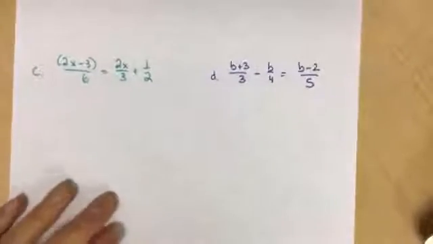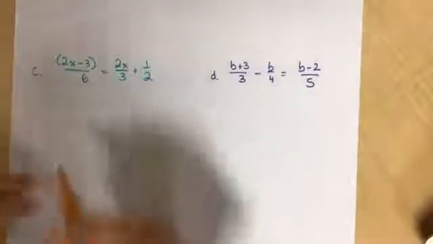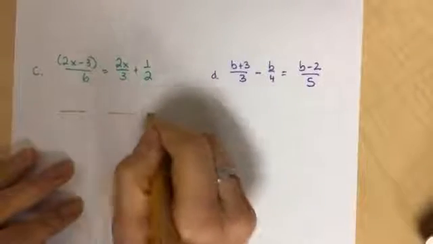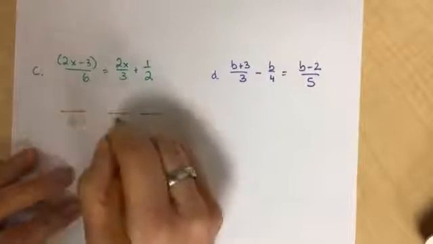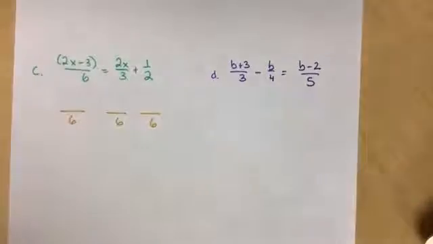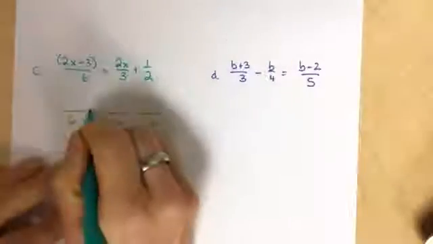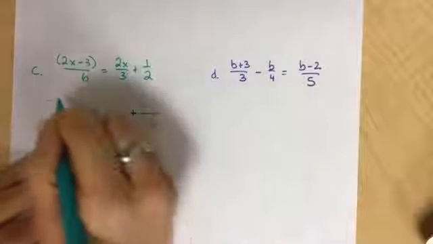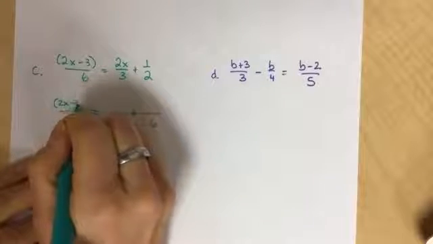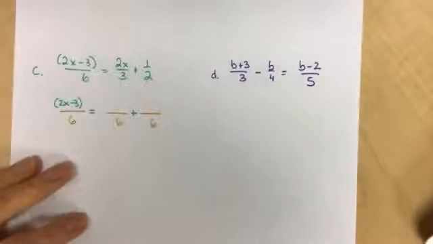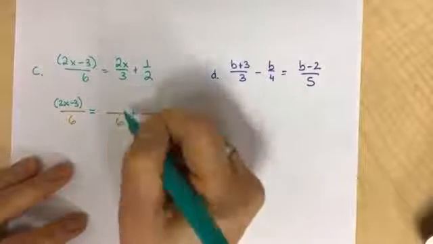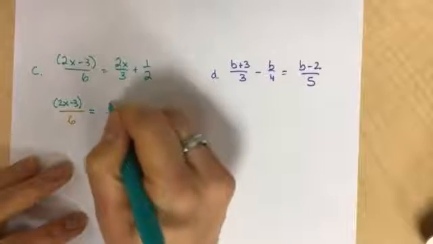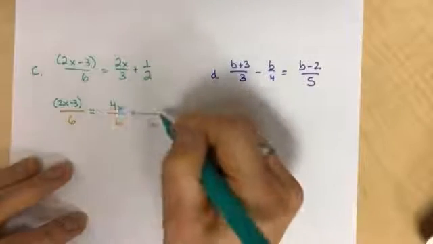All right, let's look at C. C has 3 fractions, and the common denominator for all 3 is 6. The first one, no scaling needed, so my 2x minus 3 stays the same. For my second one, I need to double, so my 2x becomes 4x.